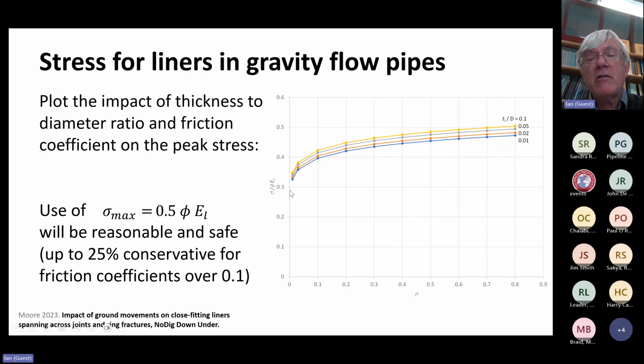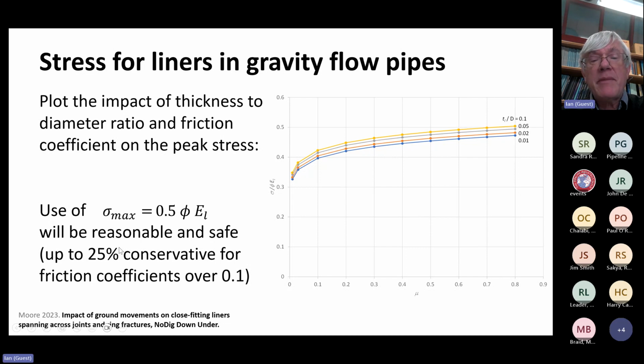That ratio starts at about 0.33 and rises up to about 0.55. So actually, we can get pretty reasonable design estimates just by calculating that maximum tensile stress. It's just going to be about 0.5 times the rotation half angle in radians times the modulus of the liner.